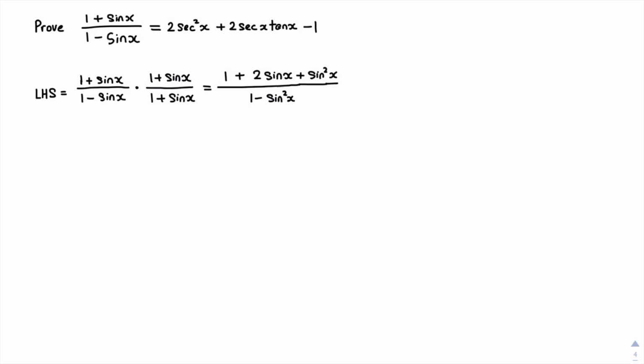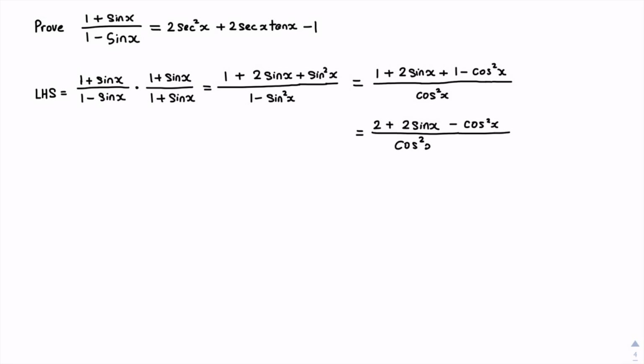In the numerator, I'm just expanding. I get 1 plus 2 sine x plus sine square x. And so I replace the denominator with cos square x. And in the numerator, I also replace the sine square x with 1 minus cos square x. And then now I can put the ones together, so I have 2 plus 2 sine x minus cos square x over cos square x.